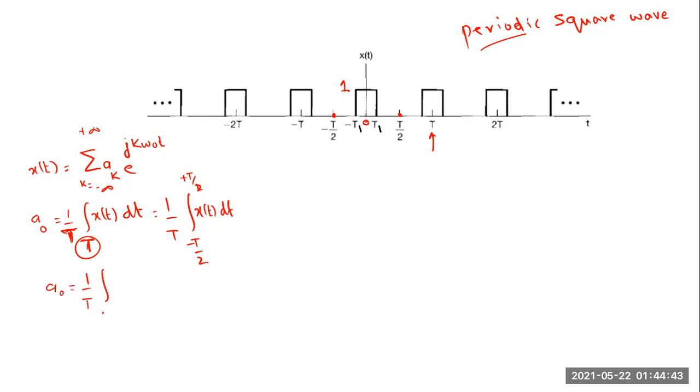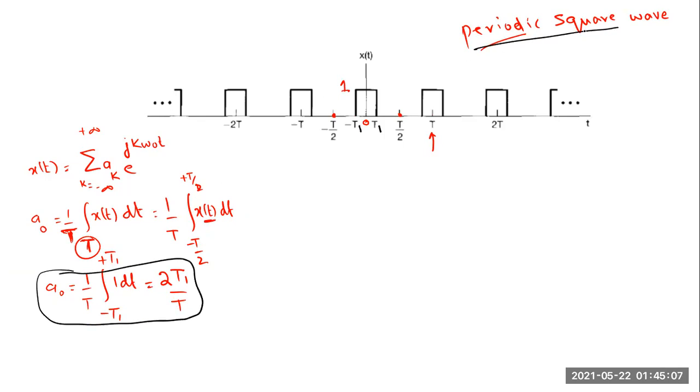And within this interval, what is the value? It's equal to 1. So you get a constant signal equal to 2t1 by T. This is the constant or DC component that is present in this periodic square wave.